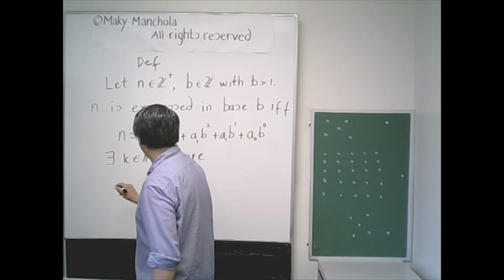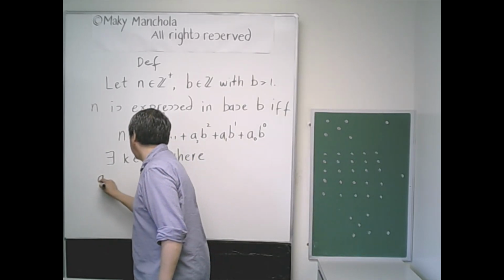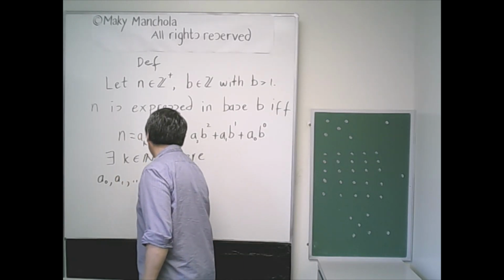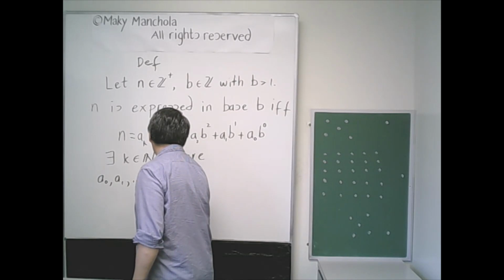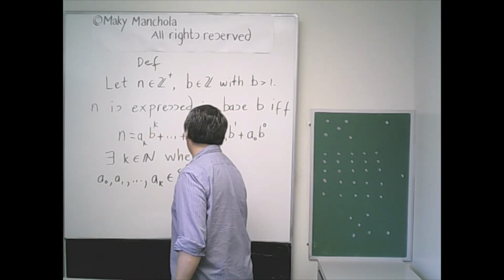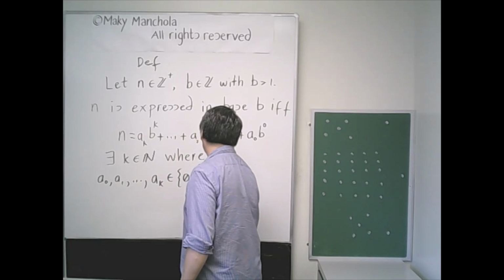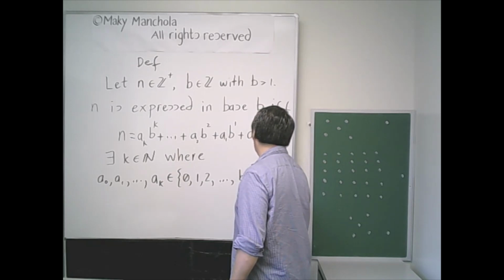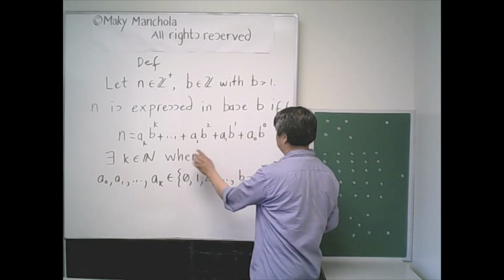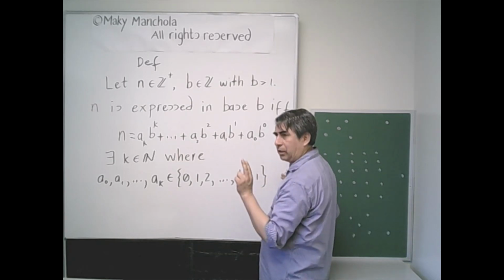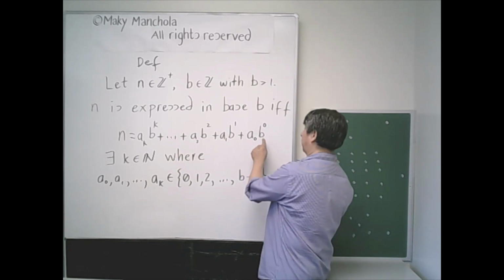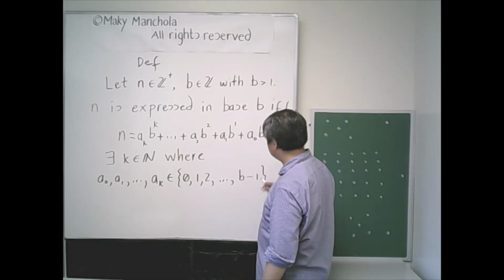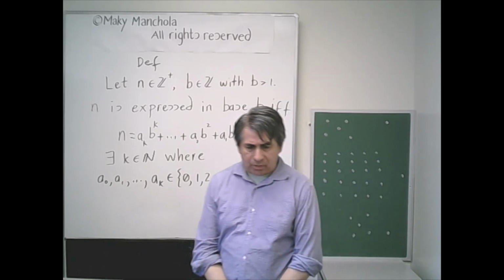So where a0, a1 up to ak are integers that range from 0 up to b minus 1. So every one of the coefficients in our expression has to be a non-negative integer that does not equal or exceed b. Okay.